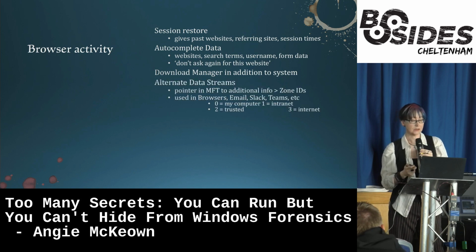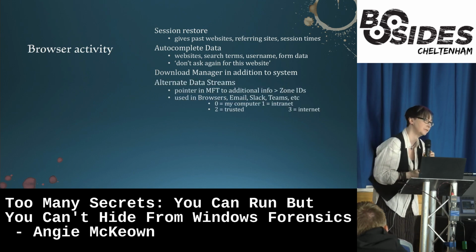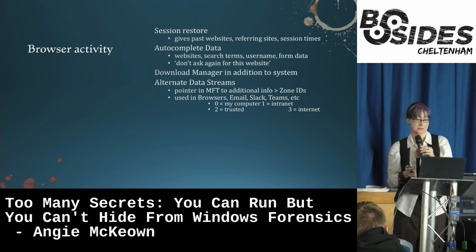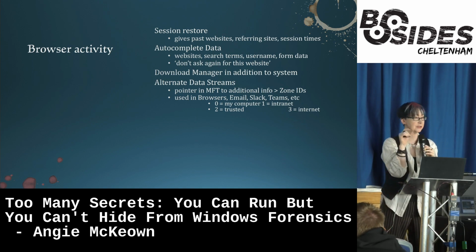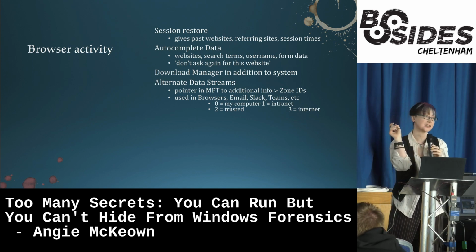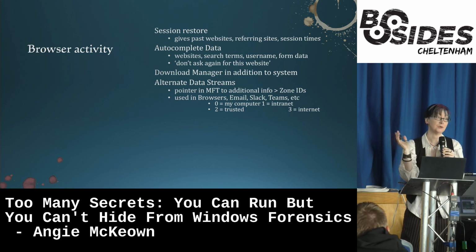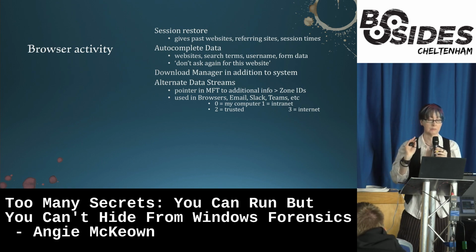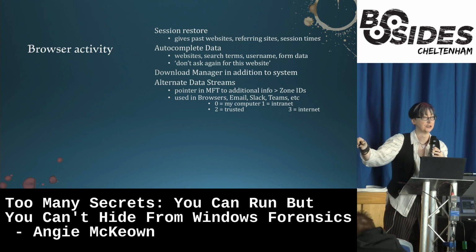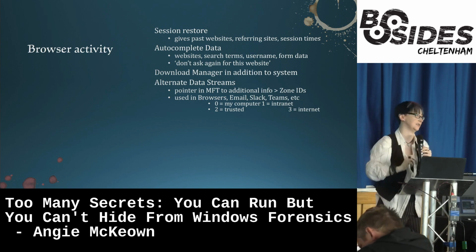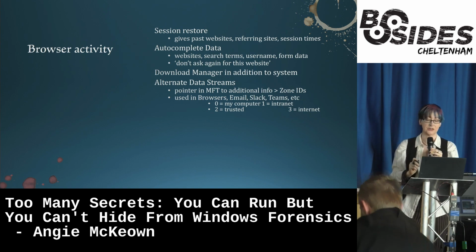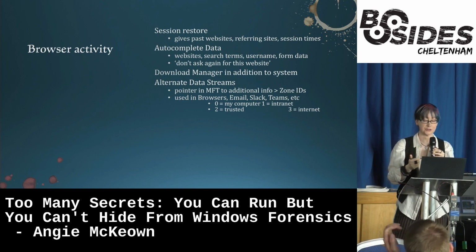And we can also tell where the files came from with alternate data streams. So this is a little pointer in the MFT record to additional info. And the additional info can be anything, but everybody has agreed to also use them for zone IDs. And zone IDs are used in lots and lots of places. They're used in browsers, they're used in email, Slack, Teams.